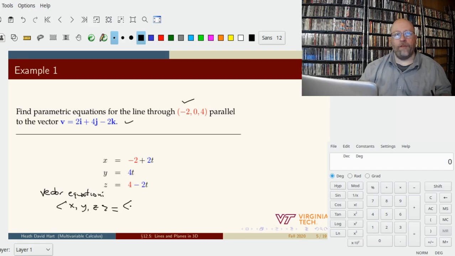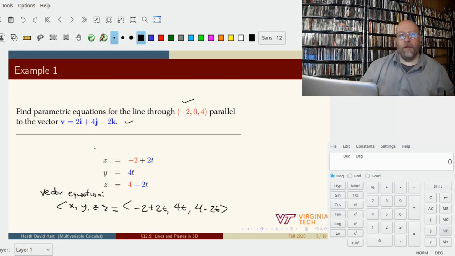And on the right side, we get -2 plus 2t, 4t, and 4 minus 2t. These carry exactly the same information. They're just written as 3 separate equations versus one single equation. Both of these are correct ways of writing a line. The problem in this case asked for parametric equations.